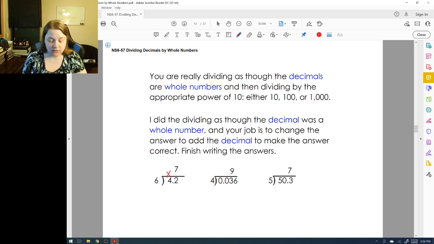But 6 does go into 42, 7 times. 6 times 7 is 42. So I put the 7 where it belongs in the problem. Then all I have to do is show the decimal floating straight up. So that decimal floats straight up, and my answer becomes 0.7, or 7/10.